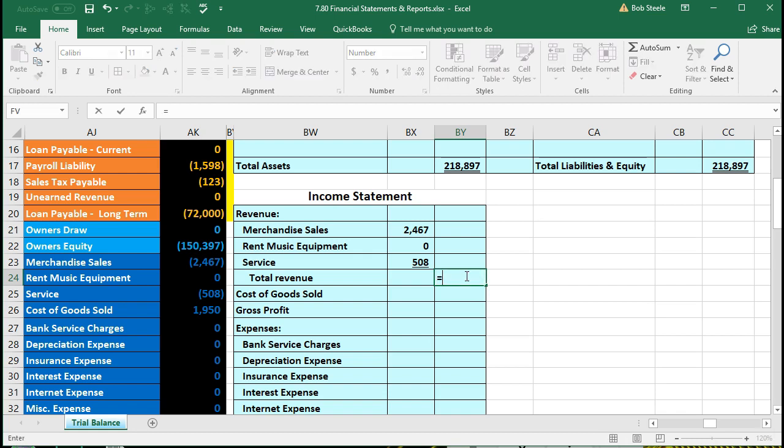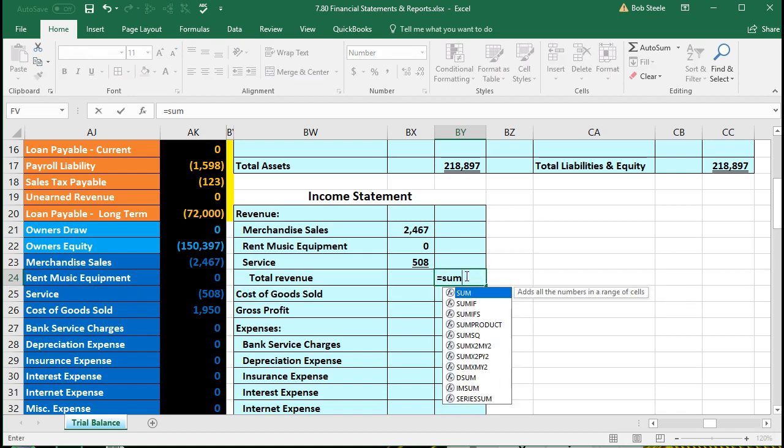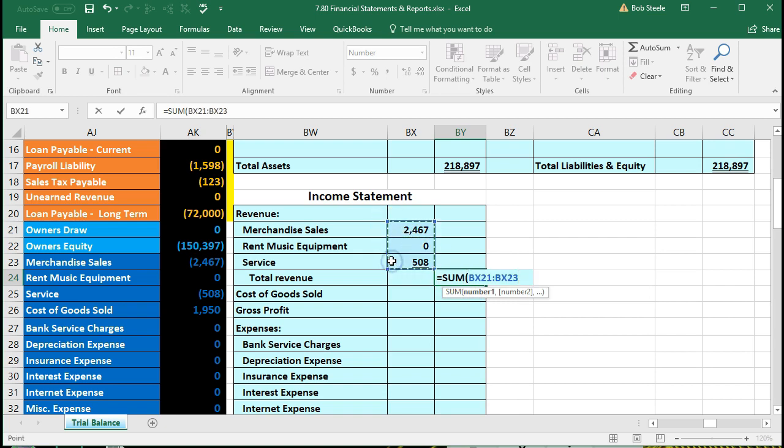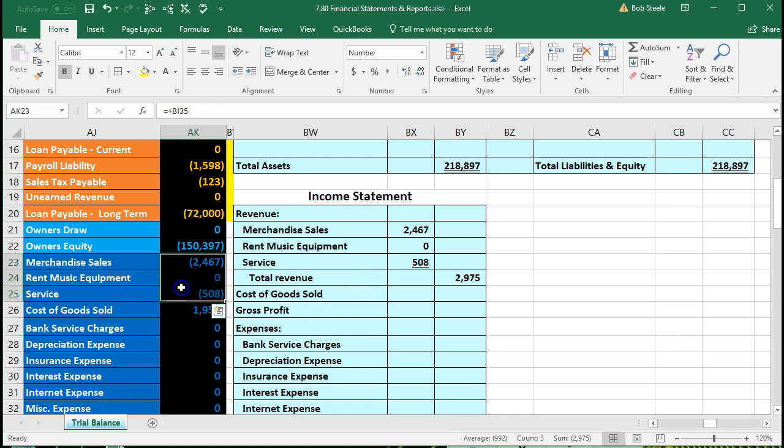So we're going to say this equals SUM, double-click the sum function, highlight these 3 cells and enter. So there it is. If we wanted to double check that this 2,975 is correct, we can highlight these 3 cells and we get that same 2,975.